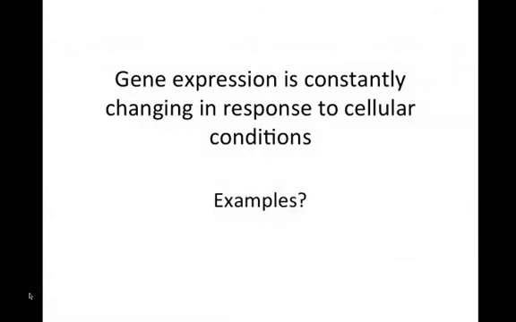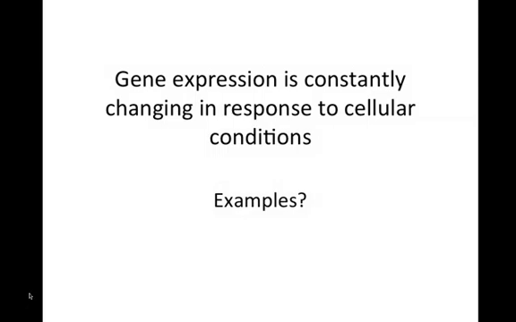Okay, so gene expression is constantly changing in response to cellular conditions. So I just gave you a few examples, right? Who can give me other examples of what might affect gene expression? Heat shock. Okay, thank you for introducing what I'm about to talk about. Heat shock is one. Anyone want to add to that?